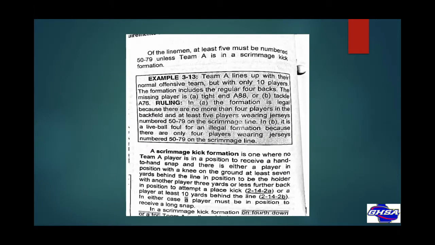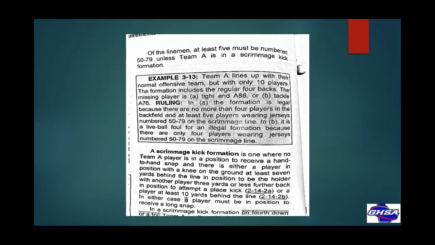Well, let's take a look at this example out of the Redding's book, example 313. Team A lines up with their normal offensive team, but with only 10 players. The formation includes the regular 4 backs. The missing player is in A, a tight end, number 88, or in B, a tackle, number 76. Again, they only have 10 players.